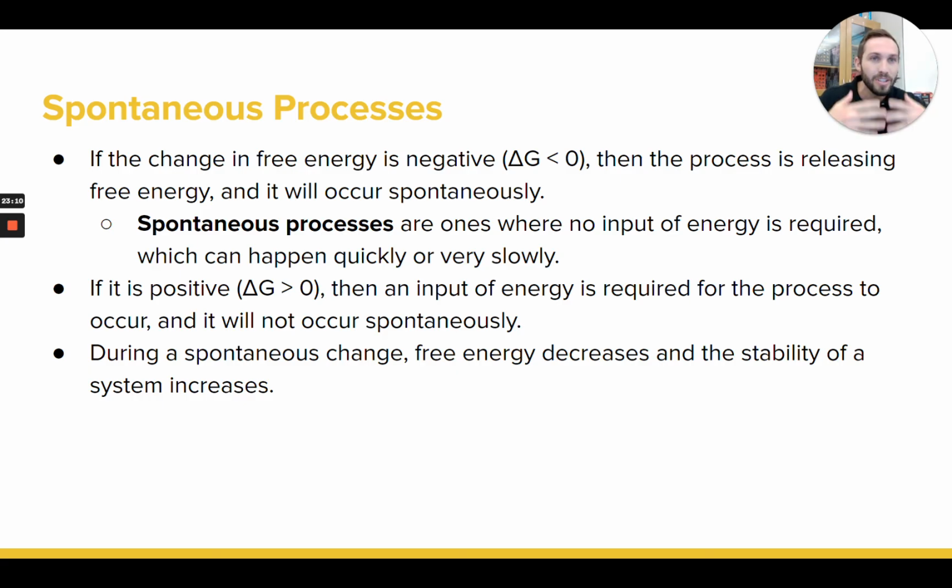And so things that are increasing in entropy, those are going to usually be exergonic, because that's what the universe wants. Things that are very organized and high in free energy, like large molecules, or concentration gradients that are organized and concentrated, the universe doesn't like that.